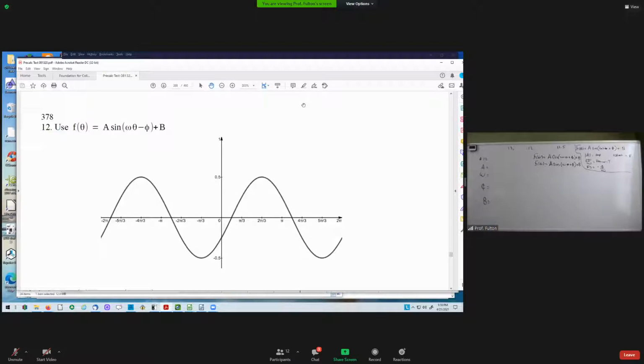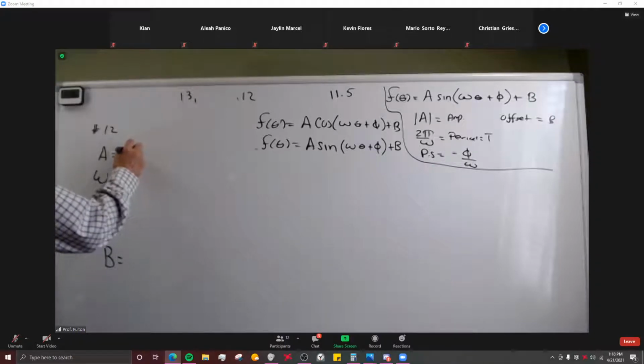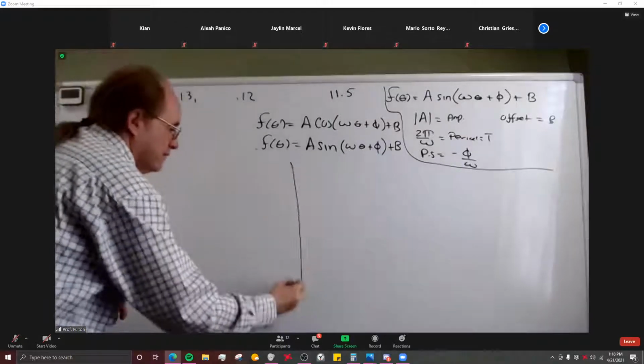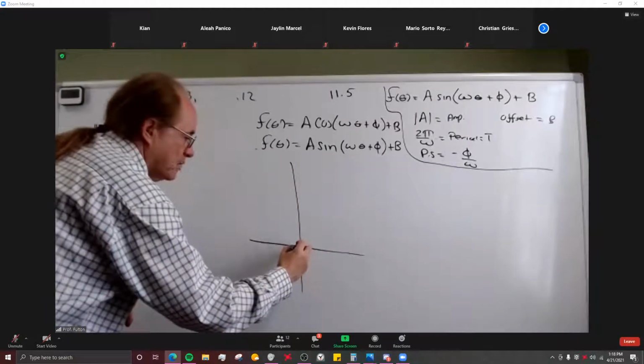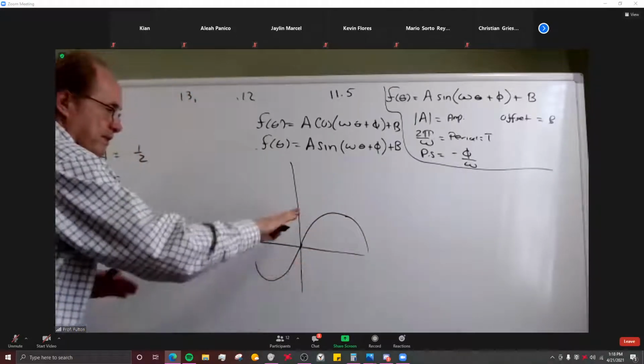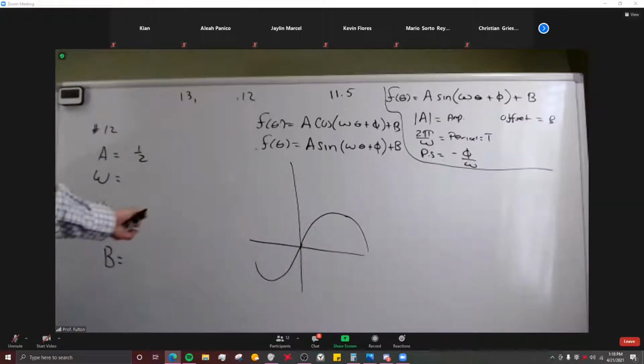So hopefully everyone's got a picture of that in their mind, and we can start calculating the various A, omega, etc. So from looking at the picture, we determined that A has to be 1/2 because the amplitude is 0.5. It looks like the sine wave is shifting a little bit, in the positive direction.